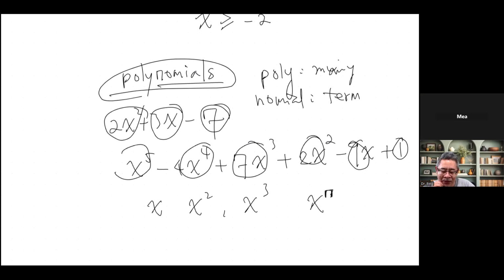But as long as it's one variable with an exponent on it, and it has to be a positive exponent for the polynomial. You're going to learn in Algebra 2 there are different kinds of things. But in Algebra 1, we pretty much just work on the polynomials. Okay.